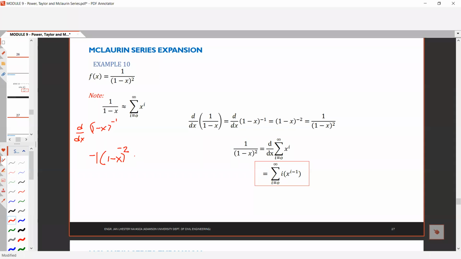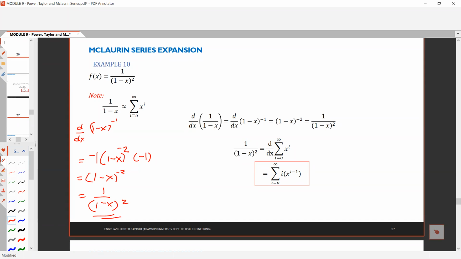Then, derivative of 1 minus x is negative 1. So, equals din siya sa positive 1 minus x raised to negative 2. That is simply 1 over 1 minus x squared. So, hindi pala typo. Sorry. So, ito yung answer dito.